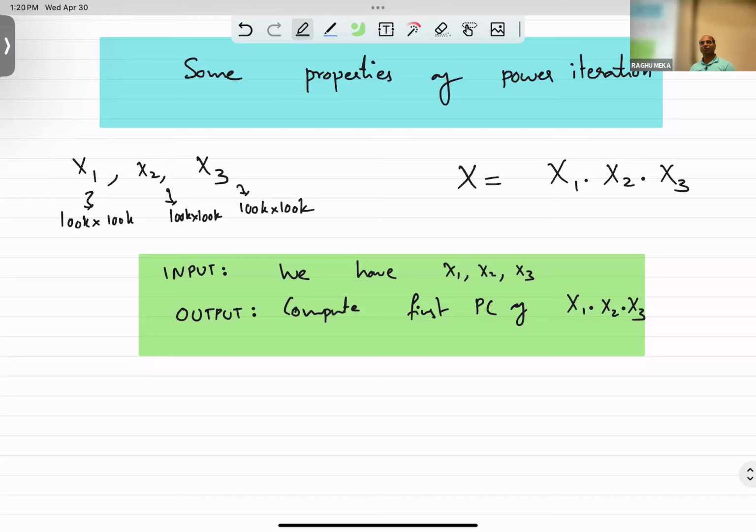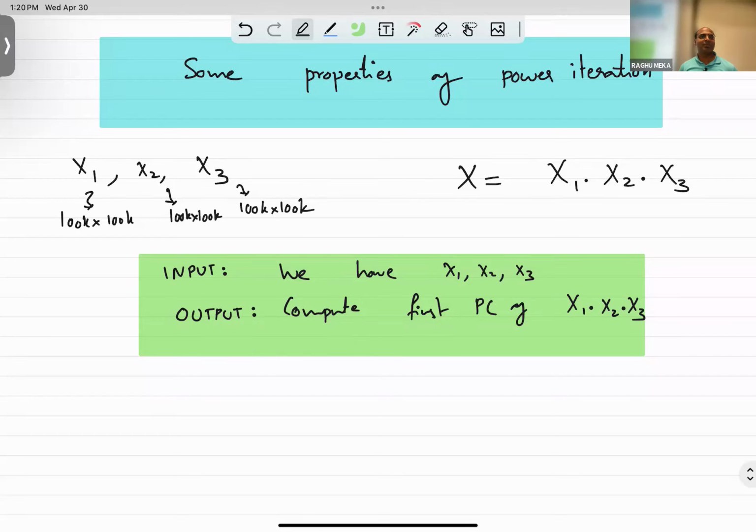What do I do then? Well, I know how to compute the first principal component of any matrix using power iteration. So I can just multiply them and do it. But is that what you should do? You think that's the best way?